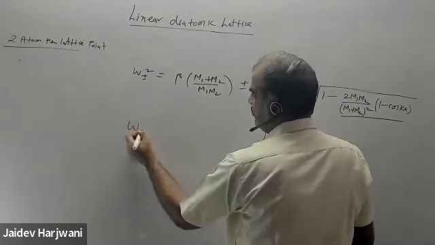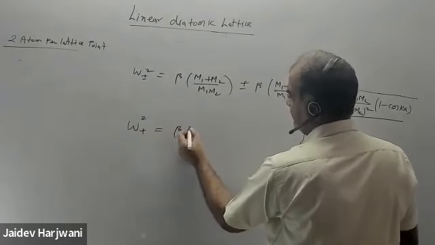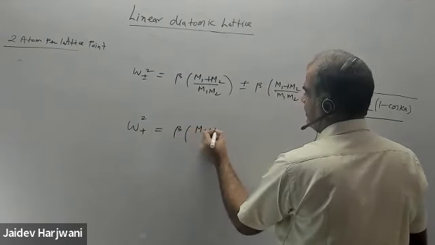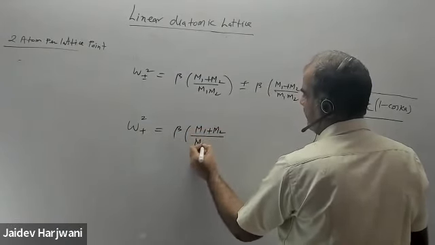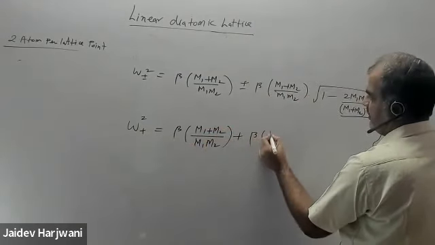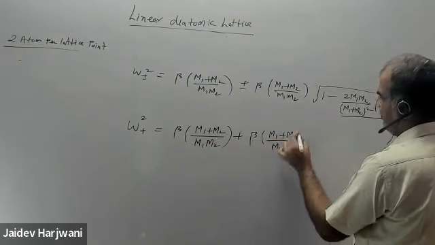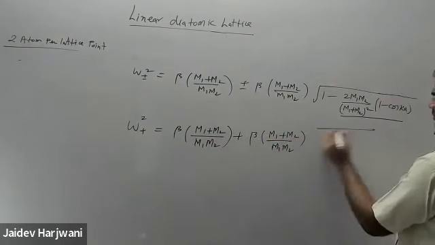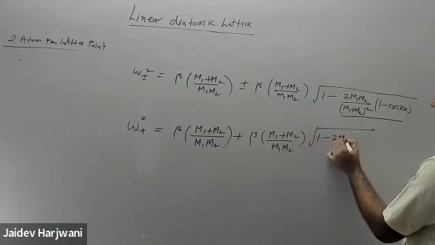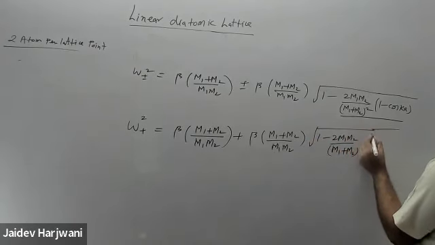Omega plus square will be beta (m1 plus m2)/(m1 m2), plus beta (m1 plus m2)/(m1 m2) under root 1 minus 2 m1 m2 by (m1 plus m2) whole square, into (1 minus cos ka).